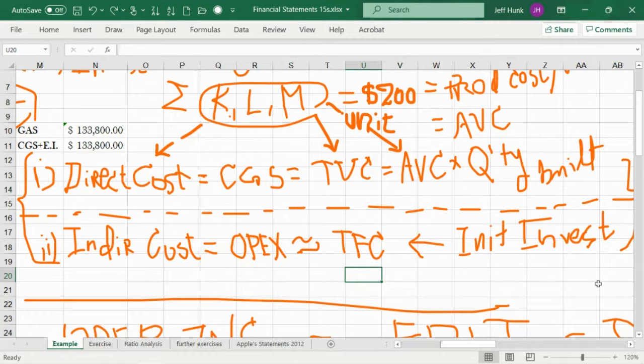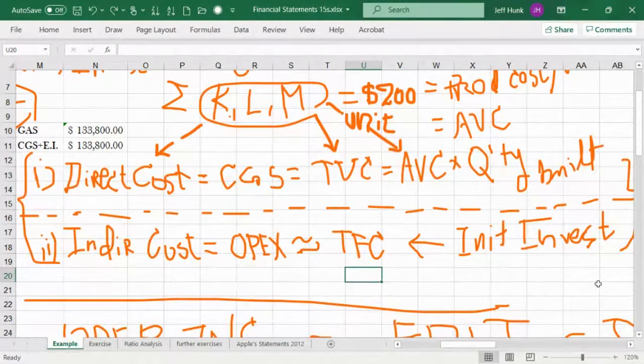That's already an investment of tens of millions of dollars. Plant and equipment won't cost just $1,000. It will be tens of millions of dollars, sometimes even hundreds of millions of dollars.